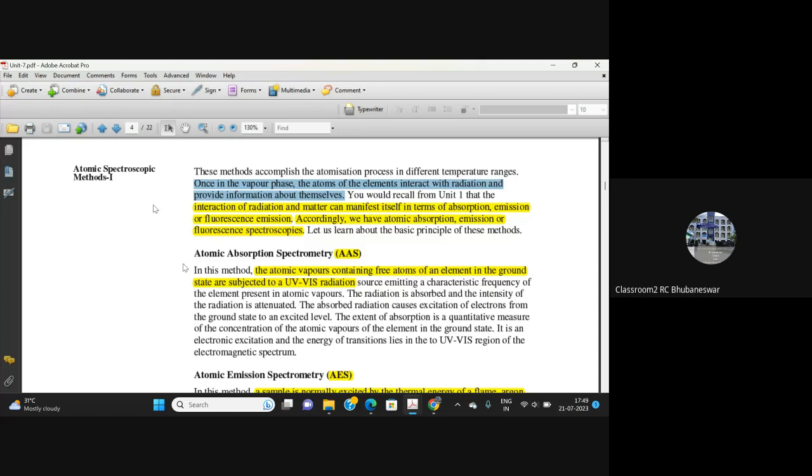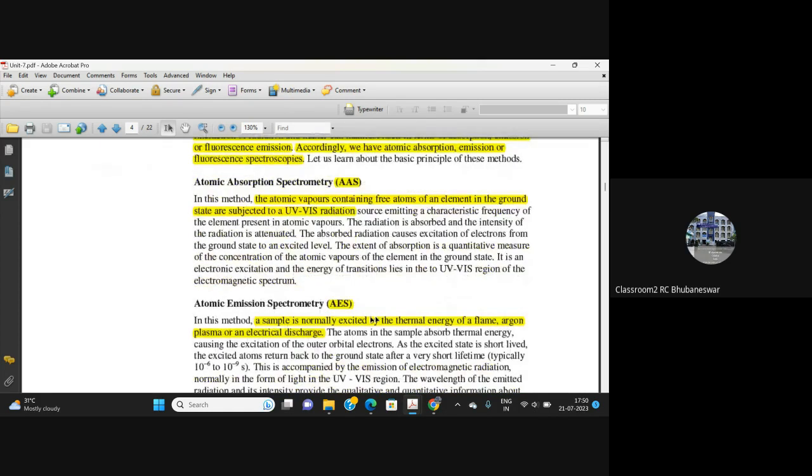The interaction of radiation and matter can manifest itself in terms of absorption, emission, and fluorescence emission. Accordingly, we have atomic absorption, emission, and fluorescence spectroscopy. As I was telling you in molecular spectroscopy, here also we have atomic absorption, atomic emission, and fluorescence spectroscopies.